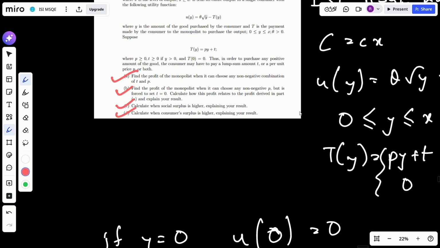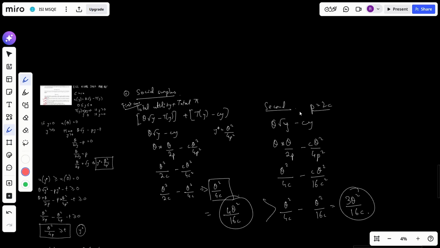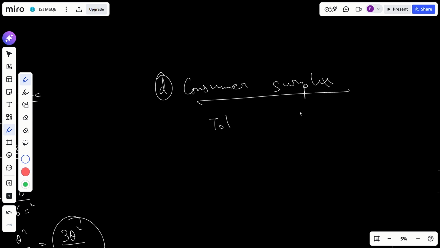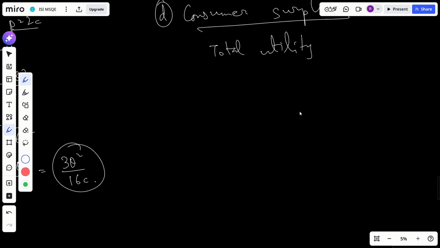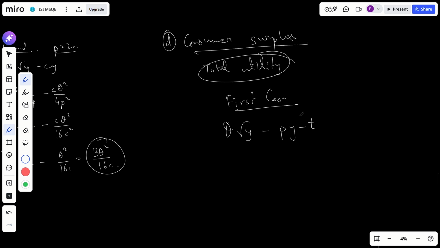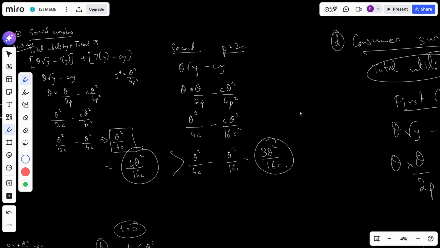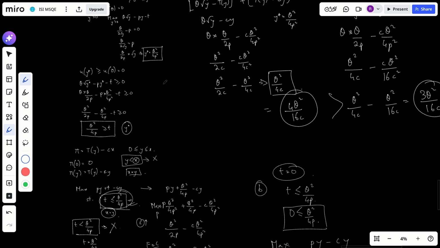Then in the last part we need to calculate the consumer surplus. Our consumer surplus is nothing but the total utility minus the payment. So this will be theta times theta by 2p minus p times theta square by 4p square, and our t was equal to theta square by 4p.